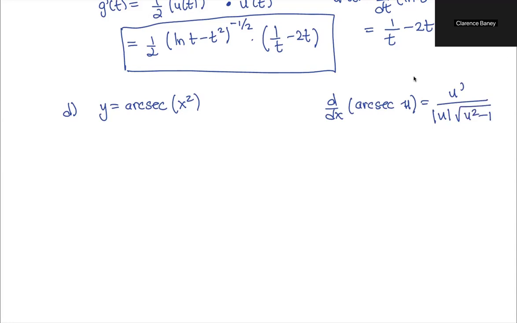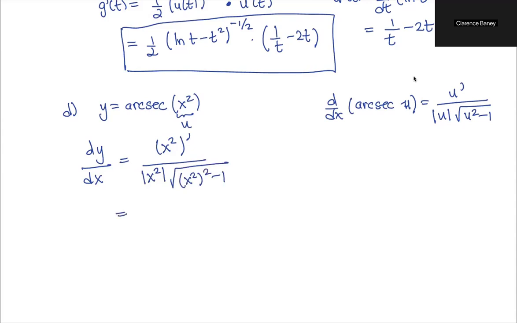So in this case, our u is equal to x squared. And so that means that dy dx, or y prime, however you wanted to notate it, was going to then be, I'd plug in x squared for u, so you'd have x squared prime all over the absolute value of x squared times the square root of x squared squared minus 1. And you do have to simplify the derivative at the top so that you get 2x.